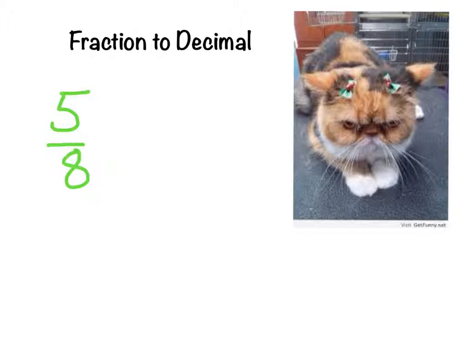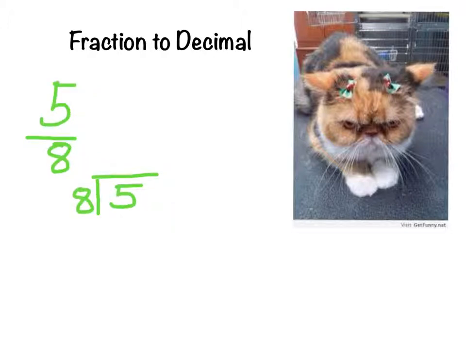So I'm going to need to divide. Top number divided by bottom number. 5 divided by 8. Please be very careful. The 5 is on the inside. One student had once told me that the 5 dives in to the pool and the 8 stays on the outside.